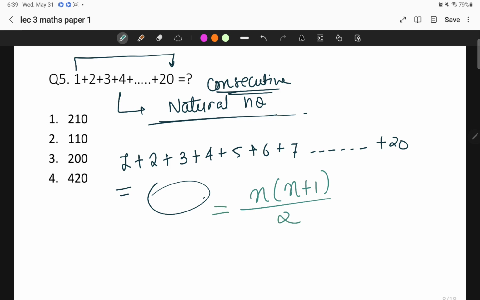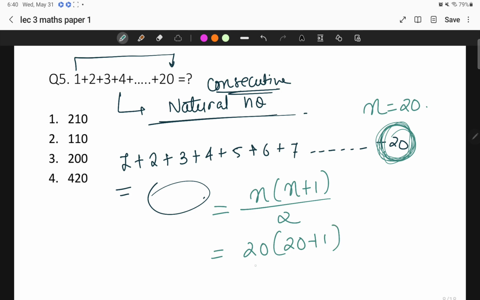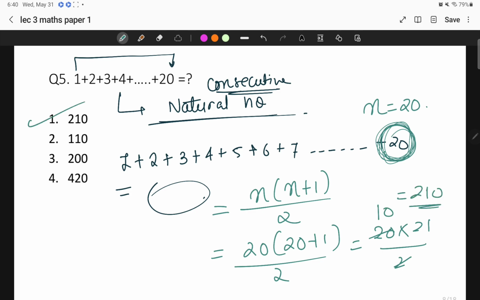So what is n here? The n is the last number up to which we have to find the summation. So n here will be 20. This will be 20 into 20 plus 1 divided by 2, that is 20 into 21 upon 2. This gives 210 as the answer for the given question.